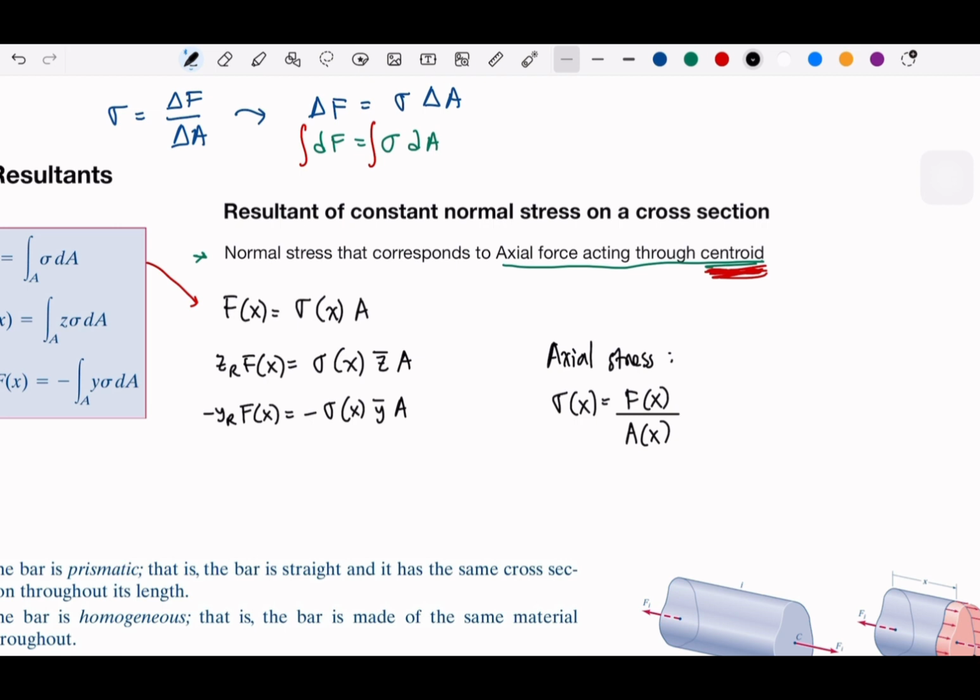It's quite similar to what we have at the beginning, but here we did the axial stress. This is more likely to represent the functions, so it is a function of x. So the centroid for z is z, for y is y.